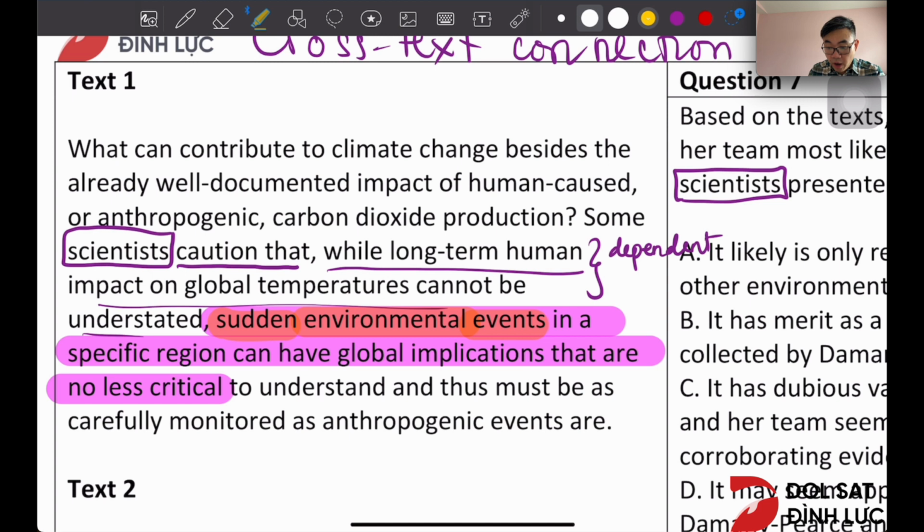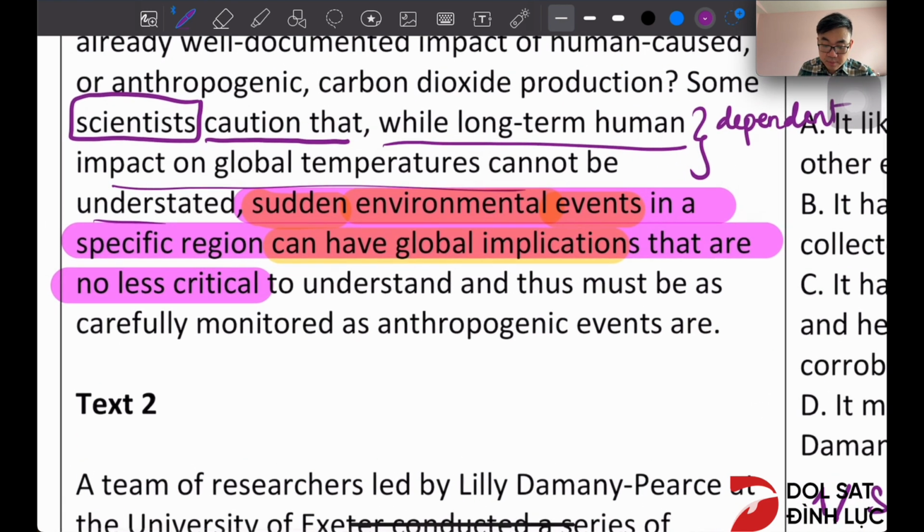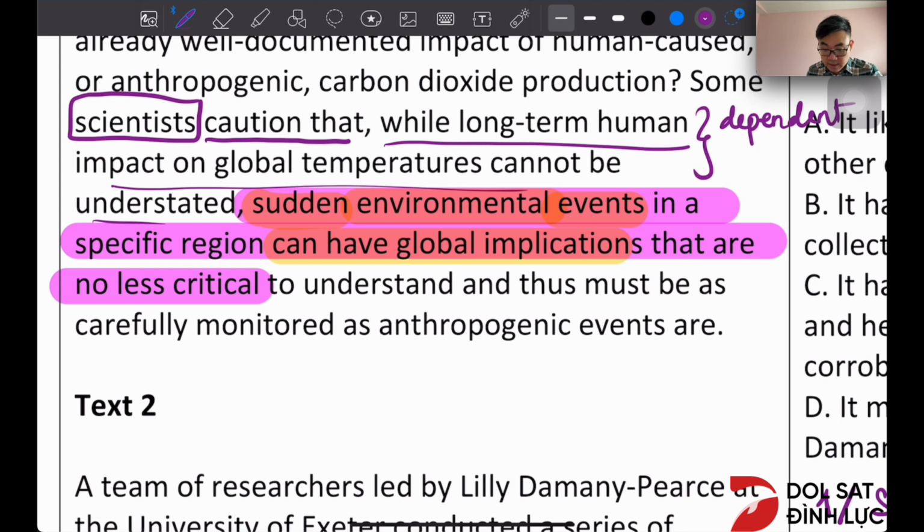And then for the verb, we have "can have global implications," okay? So the idea here, in the exam, you would probably not have to write it down, but here I would write it down for you, so that we can understand it more easily.